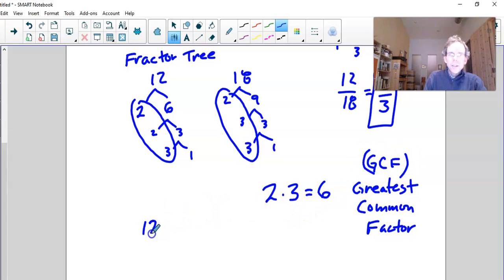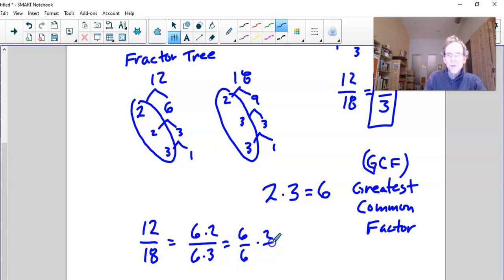Notice that 12 over 18 could be written as 6 times 2 for 12, and then 6 times 3 for 18. And then, using the same idea I used before, 6 over 6 times 2 over 3. But 6 over 6 is 1, so we really get 2/3 again. So, using the greatest common factor, you can reduce a fraction instantly with one shot.